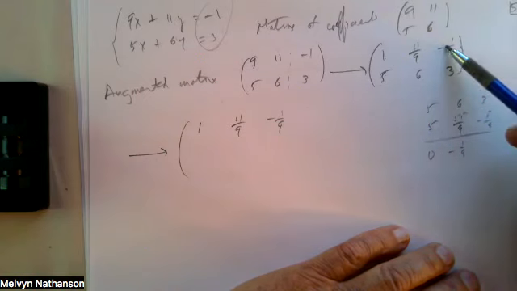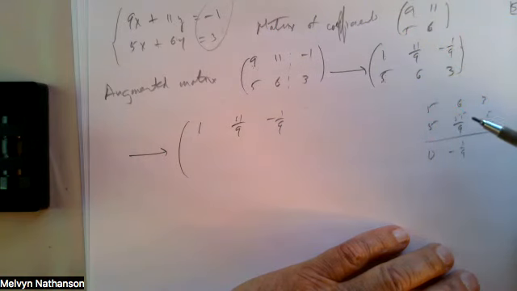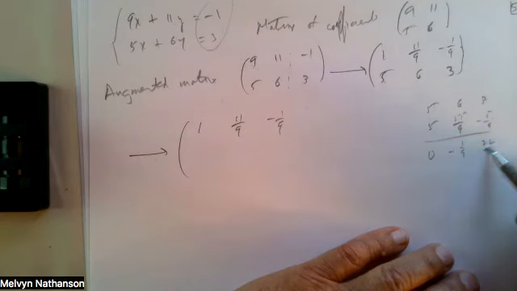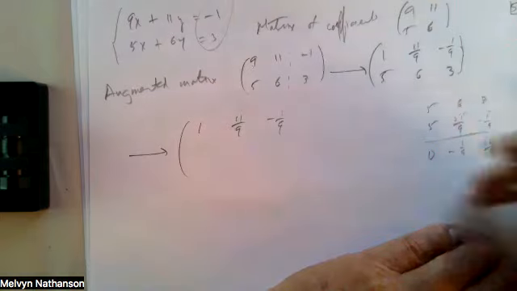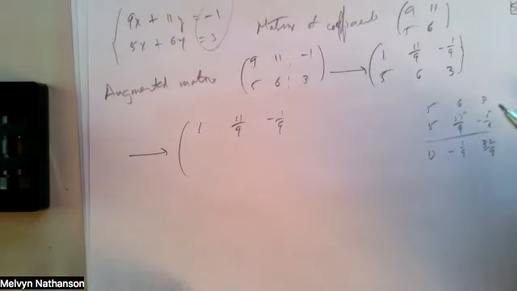So it's 5, 6, 3 minus this row. 6 is 54 over 9, so that's minus 1 over 9. 3 is 27 over 9. 27 plus 5 is 32 over 9.